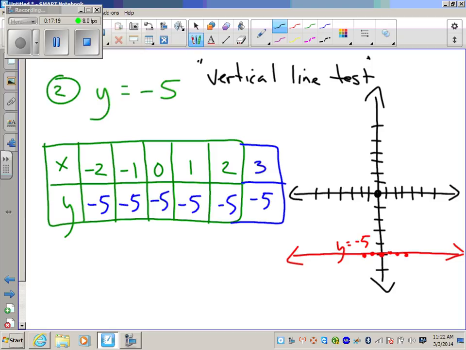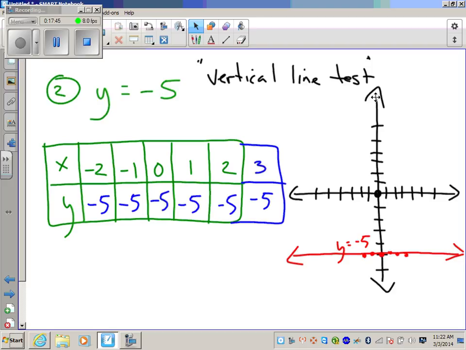If one of my linear equations passes the vertical line test, then it's a function. And what that means is this. Could I draw a vertical line through any point of the line I just drew, and it would only cross that line one time?